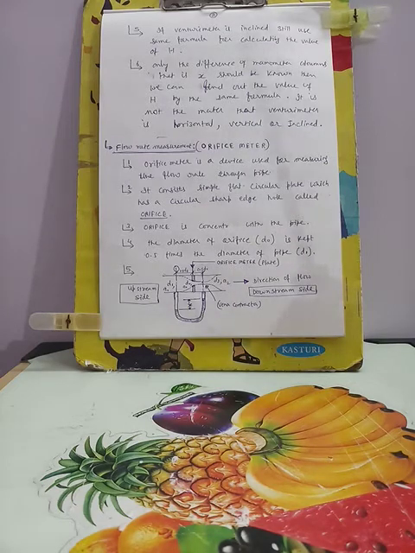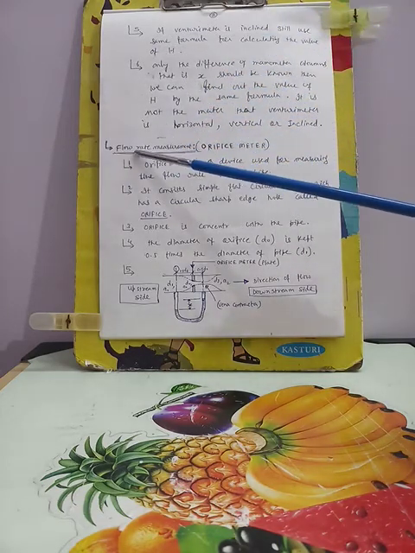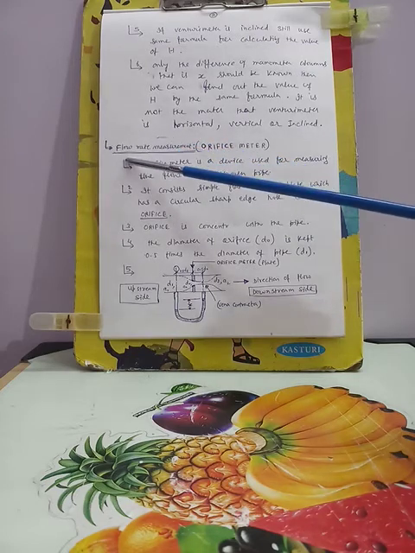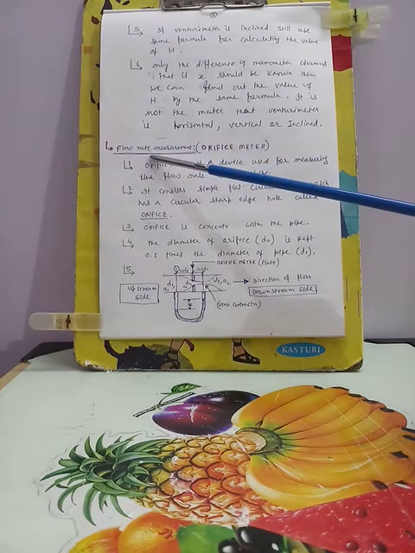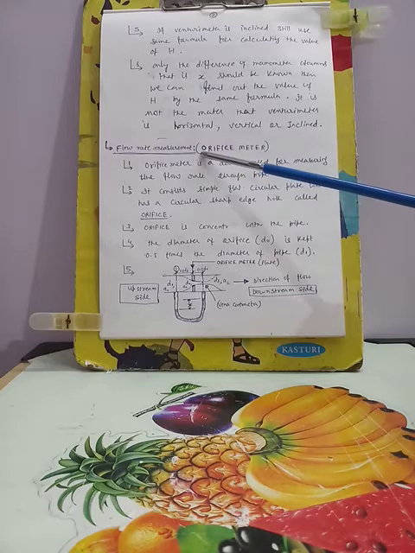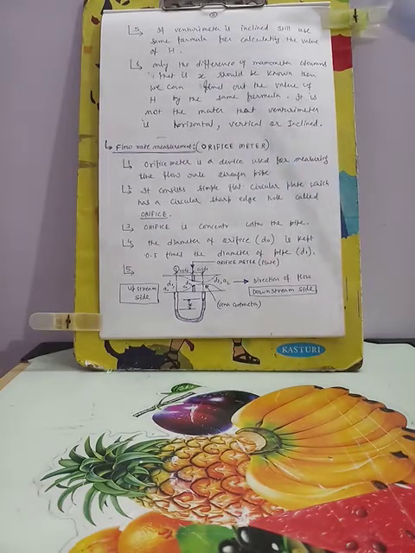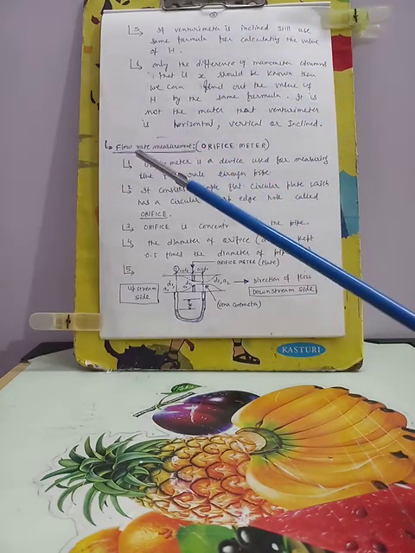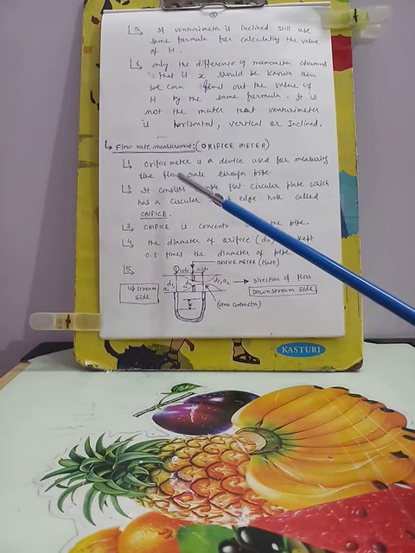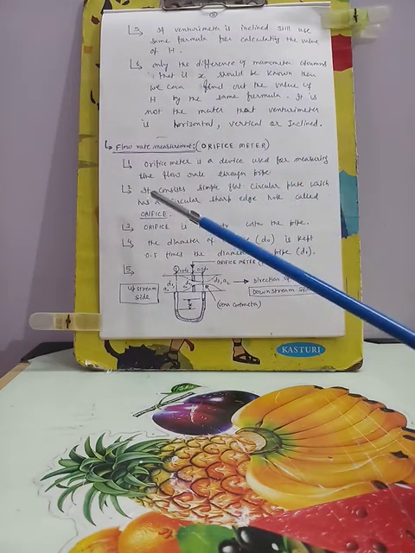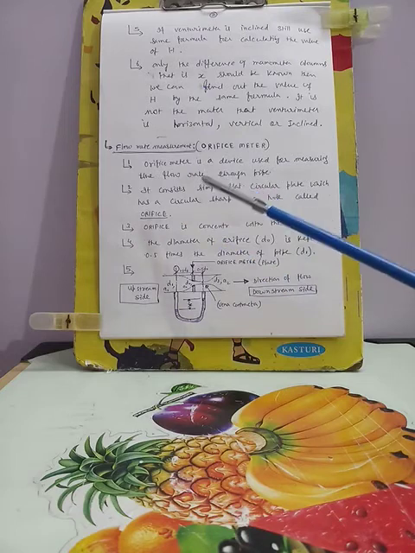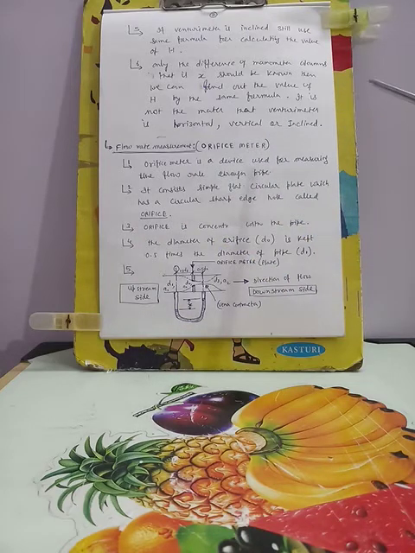Now let us come to the next device where you will use Bernoulli's equation to derive the equation of flow. It is the orifice meter. Orifice meter is also a flow measurement device for pipes, just like the venturimeter.